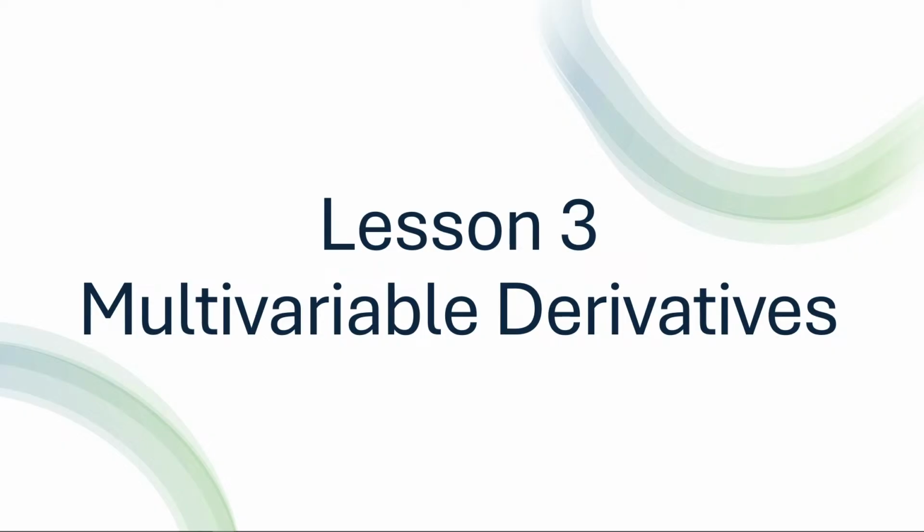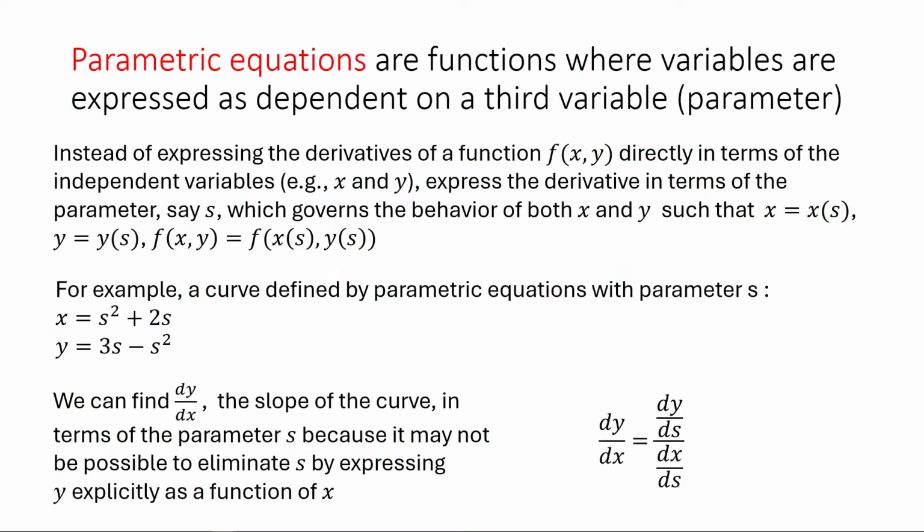We also looked at multivariable derivatives. So for multivariable derivatives, we look at parametric equations. In a parametric equation, I have a function with multiple variables: a function of x and a function of y.